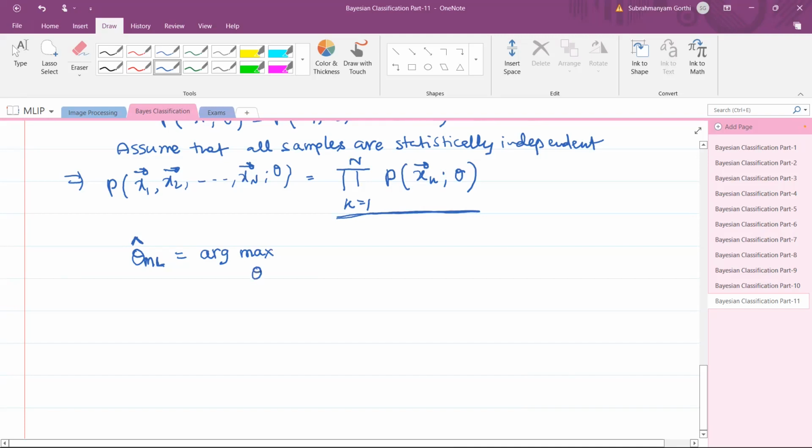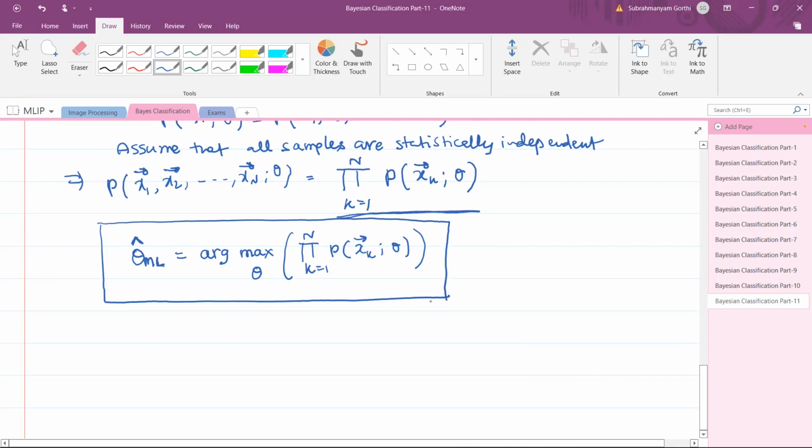The thing that I would vary is theta, and the function I would look at is the product from k equal to 1 to n of probability of x_k given theta. This is the maximum likelihood estimate. All I have written is, now I vary theta, compute this function, and theta ML cap is that value of theta for which this function is maximum.